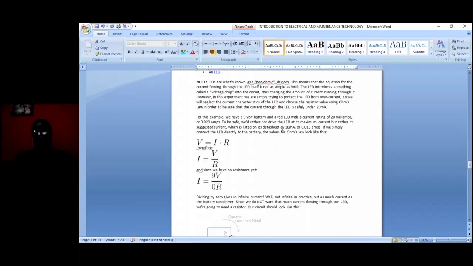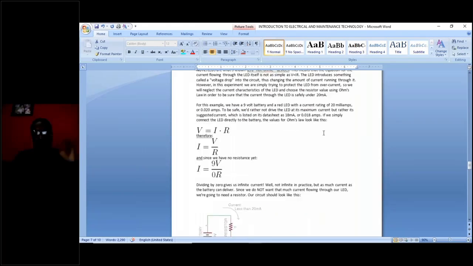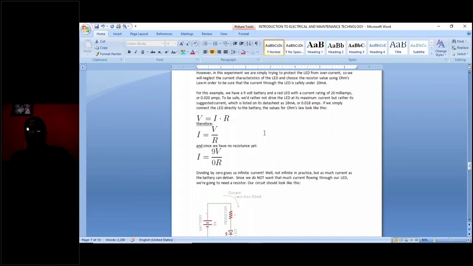So for example, we have a 9-volt battery and the red LED, or any other color depending on which one you want, with a current rating of 20 milliamps or 0.020 amps. To be safe, we'd rather not drive the LED at its maximum, so it won't be destroyed. So we work at a lower rating. The suggested current listed in its data sheet is 18 milliamps or 0.018 amps.